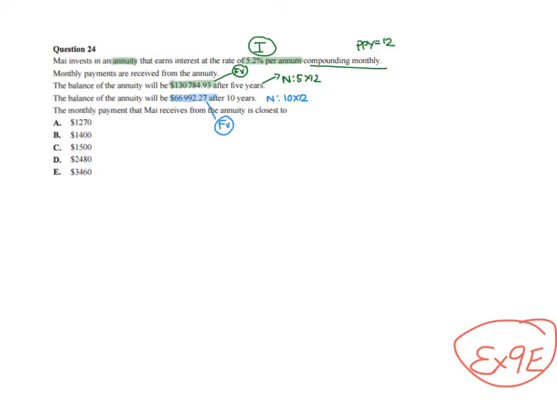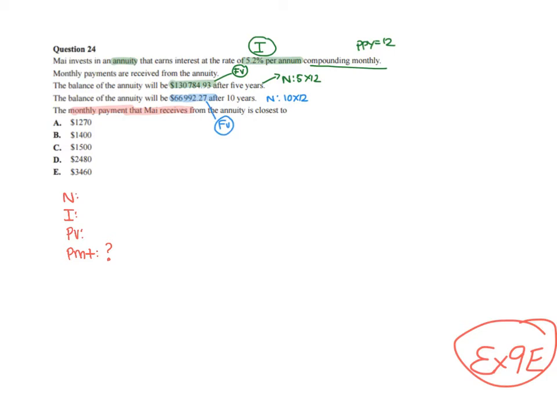Now you've got to try and find the monthly payments, is what it says. The monthly payment that May receives in the annuity is closest to, so payment. So if I go and write out in Finance Solver the things I need to have to solve things, now PMT, that's the question, isn't it?